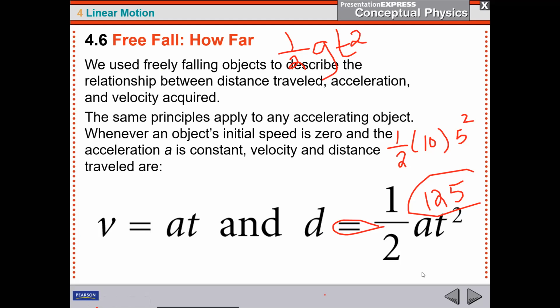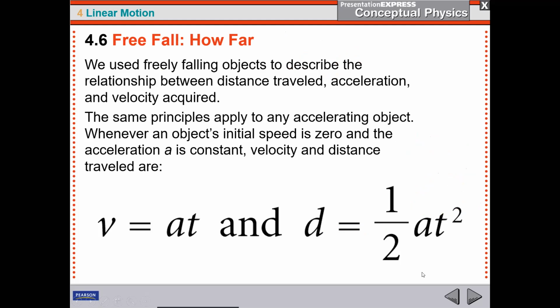So by now, you used a freely falling object to describe the relationship between the distance traveled and acceleration. The same principles apply to any accelerating object whenever the object's initial speed is 0 and the acceleration is a.